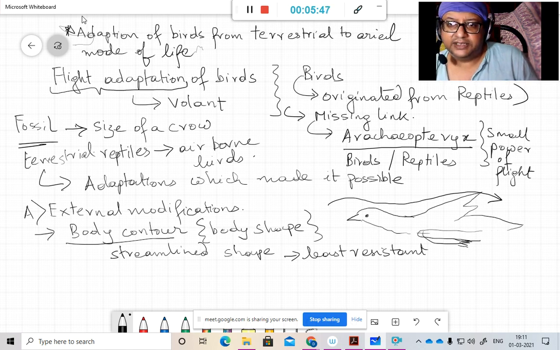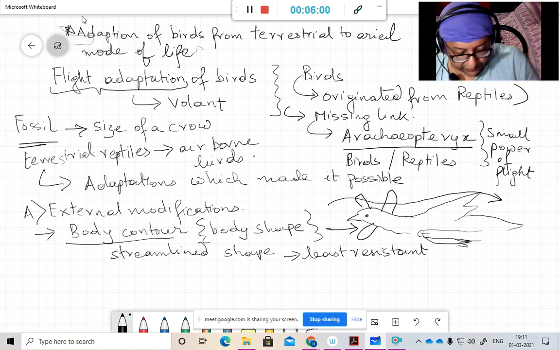If a structure comes out from here, and here, and here, what will happen? The wind will face a resistance and that will obstruct flight. So the body contour is very streamlined, more like a spindle shape.